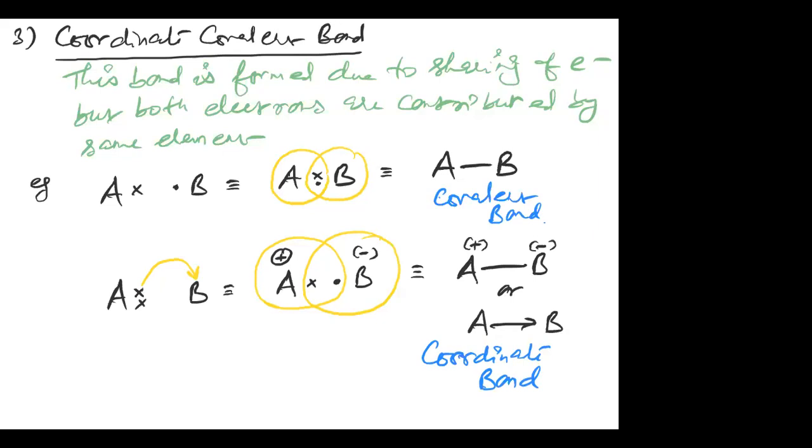So coordinate covalent bond is formed due to sharing of electrons, but both electrons are contributed by the same element only. For example, in this case, A bonded with B is a normal bond, and this A bonded with B is a coordinate bond. So this is the difference between covalent bond and coordinate bond.